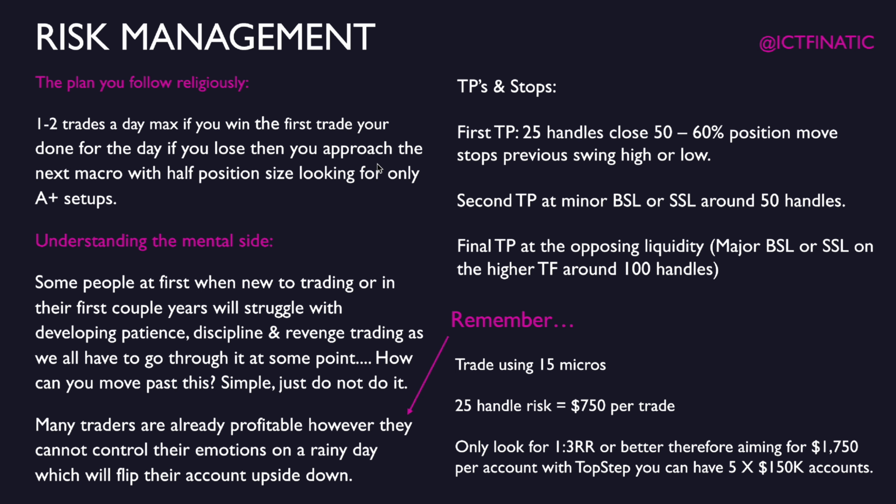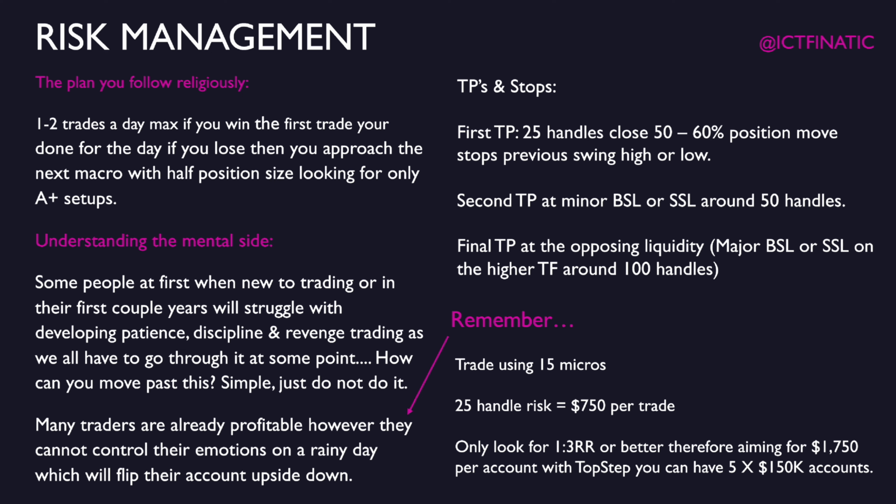Next slide we're going over is risk management. Very important slide. And inside of our group, inside of ICT Bibles, one of the groups that people get access to once they do join, it contains a lot of information based on psychology and risk management, as well as a full risk management plan which was just created around 2 days ago for Apex, Top Step and FTMO, and every single account size, covering how many contracts or micros or even the dollar amount you should be trading or risking per trade.